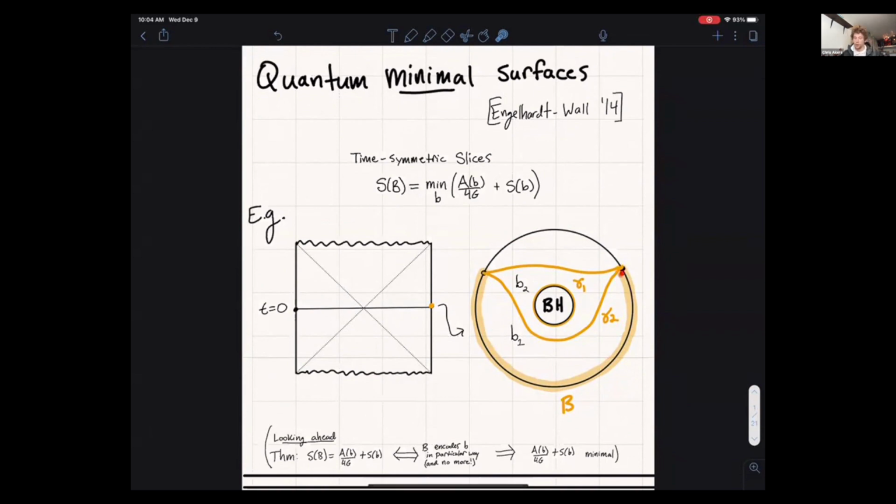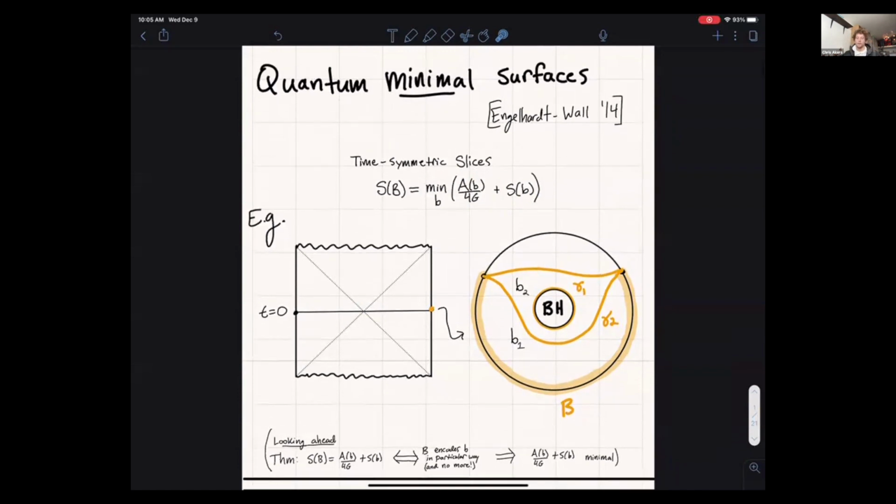You can compute the von Neumann entropy of that subregion B using this quantum minimal surface prescription with this bulk time slice. So here, you're using the bulk, and you only have to use this formula. You don't have to worry about extremality or the extra time direction at all. You just need to find the bulk region that minimizes the generalized entropy, this quantity.